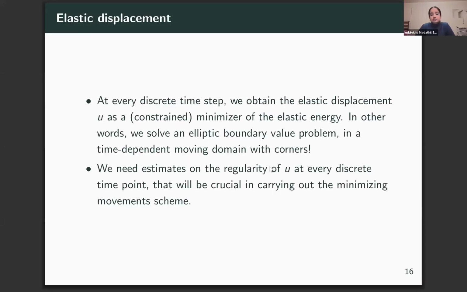Another major factor in the analysis of this problem is the analysis of the elastic displacement boundary value problem.